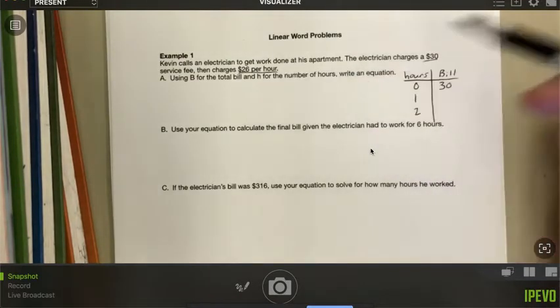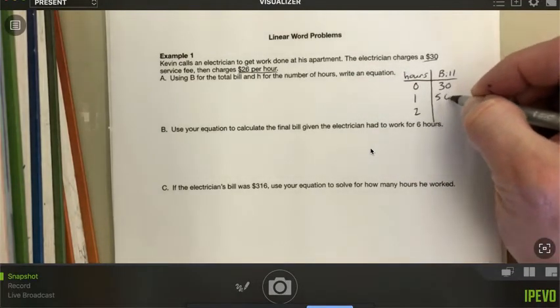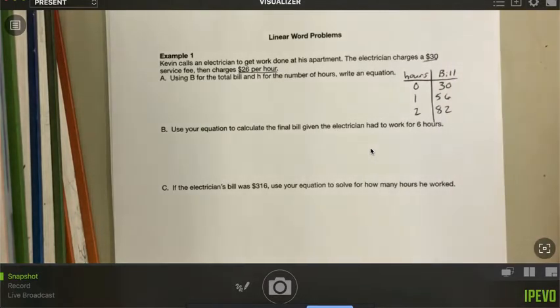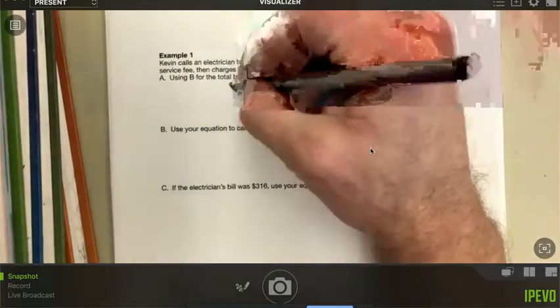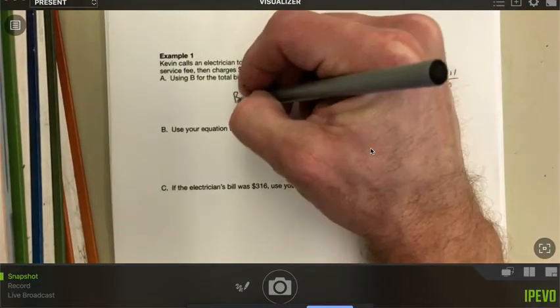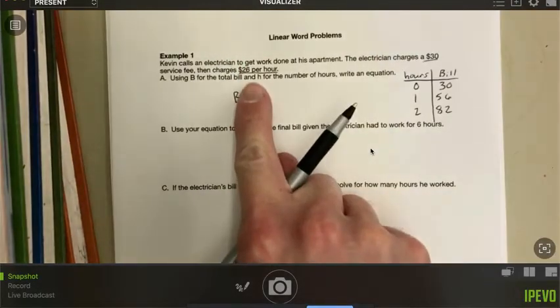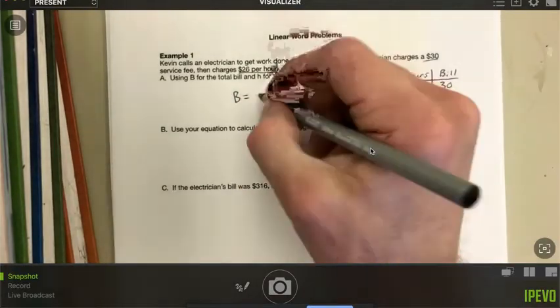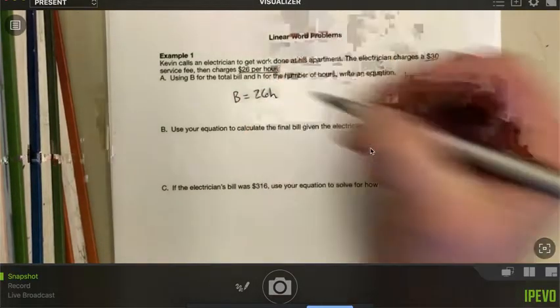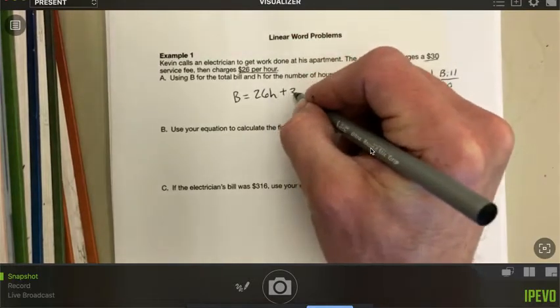Then after that, it's going to be $26 per hour. So when I'm saying B is the total bill, my total bill is going to be dependent on how many hours, and I know it's going to be $26 every hour plus the $30 service fee.